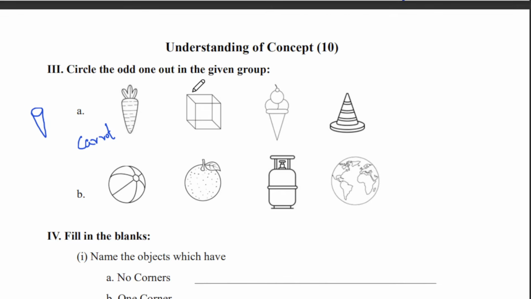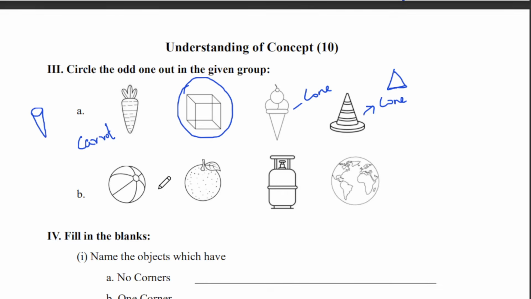And cube, it is not in cone shape. And ice cream, again it is also in cone shape. And this hat is also in cone shape, like a triangle shape. Okay, but here this is different. So we can circle this out.